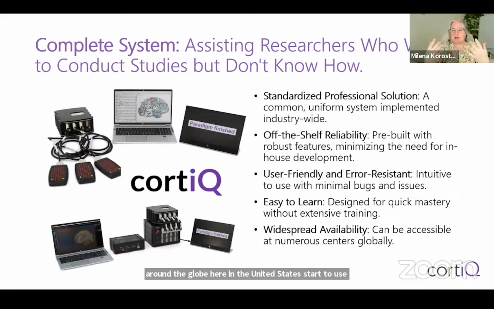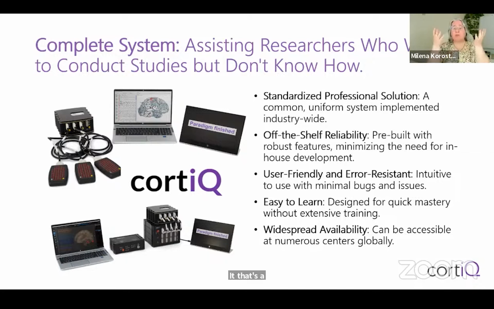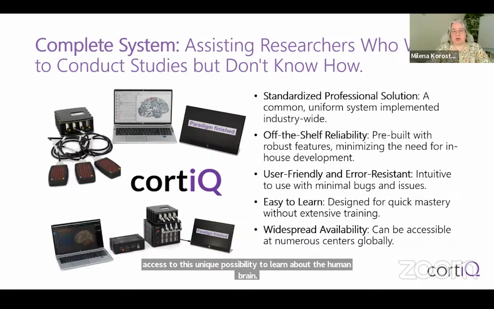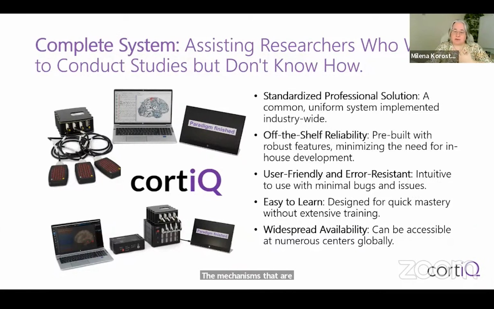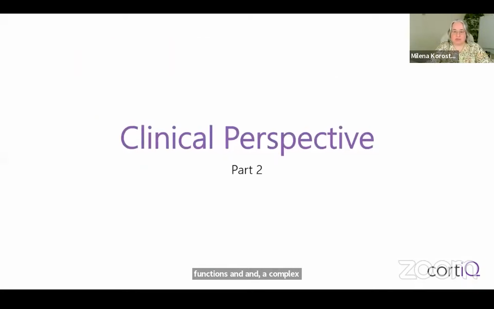And now this research that was done only in a few select laboratories worldwide gets traction, and more people can have access to this unique possibility to learn about the human brain, the mechanisms that are behind many of our cognitive functions and very complex things that we were not able to study before.